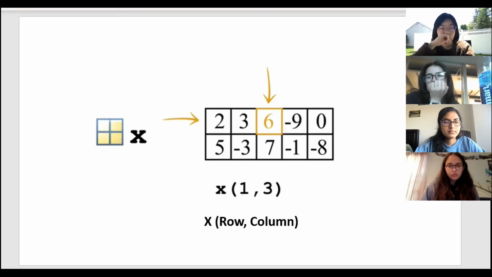And so if you want to extract an element from a matrix, you have to specify, first of all, the position of the row, and as a second argument, the position of the column. So in this case, we have the name of the array, which is a matrix. Here, first row, 1, and 1, 2, 3, third column, and we have the value of 6.